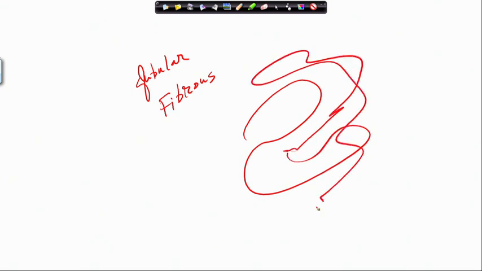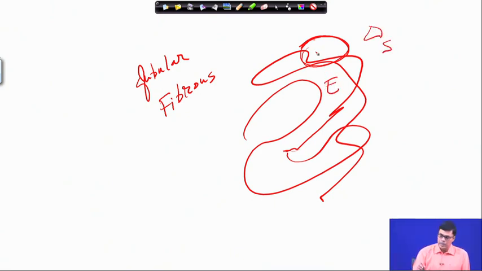When it folds randomly, some active site might be developed, and the configuration of this active site is similar to the structure of a particular substrate molecule. This is the enzyme and this is the substrate. The substrate sits here at the active site and reacts to give the product. But a fibrous protein is not like this; it has a different kind of structure.